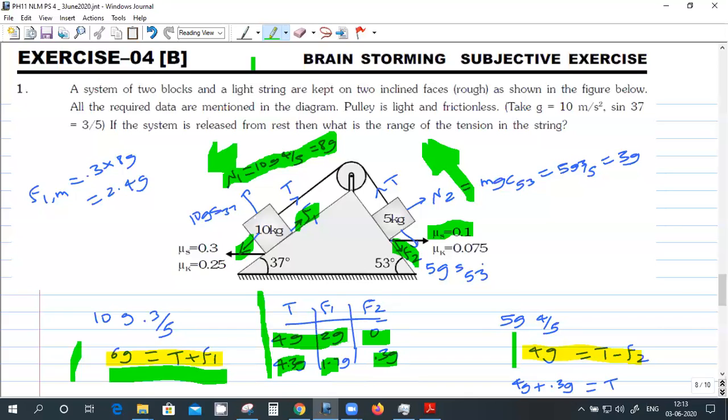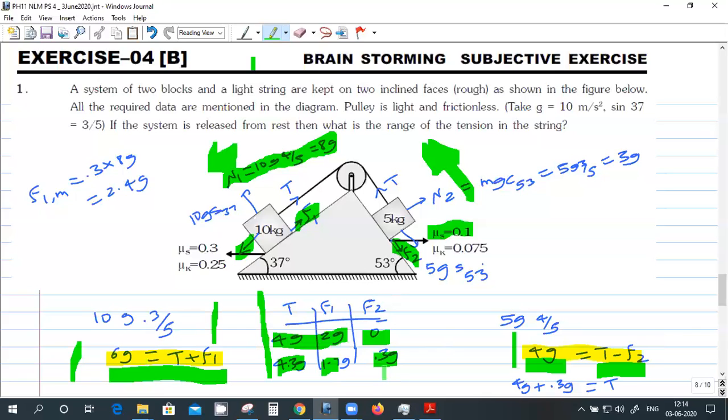So to get the tension to be minimum, F2 should be 0, because the right hand side, 4g, is constant. Similarly, for the tension to be maximum, F1 should be maximum, because the left hand side is constant.